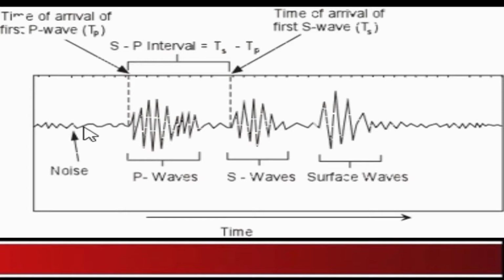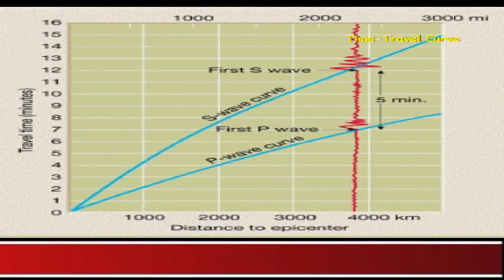For example, let's say the time interval between the P wave arrival and the S wave arrival is 5 minutes. So, that 5 minutes is our time delay. Then the seismologist will superimpose this seismogram recording on a travel time curve like the one you're seeing right now.